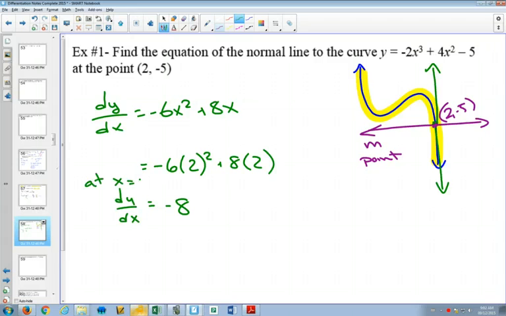So we find out at x equals 2, our slope is -8. So what's our slope going to be on our purple line, on our normal? It'll be +1/8. Because we can think of this green one as -8/1. So we do the negative reciprocal. Now we got our slope is 1/8.